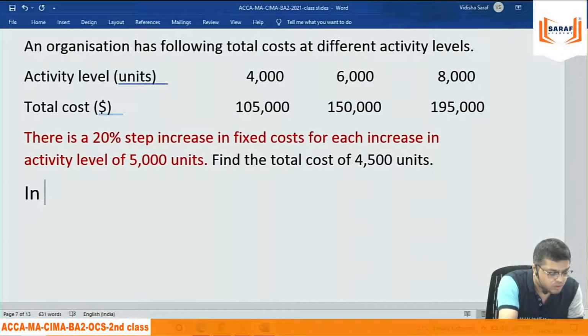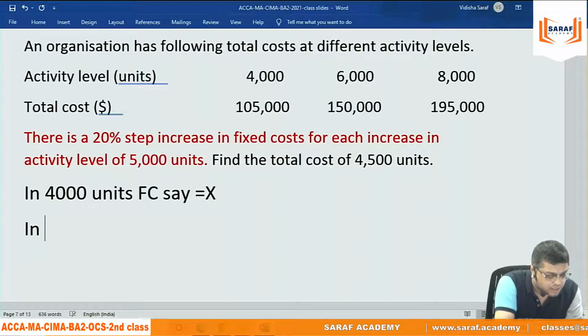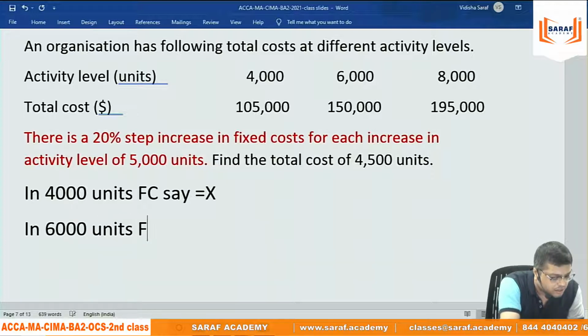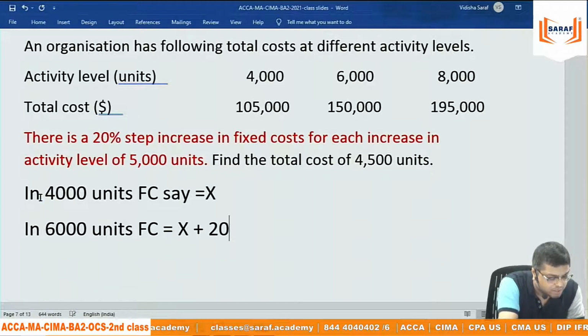In 4,000 units, fixed cost say equals X. I don't know how much. In 6,000 units, fixed cost equals X plus 20%.